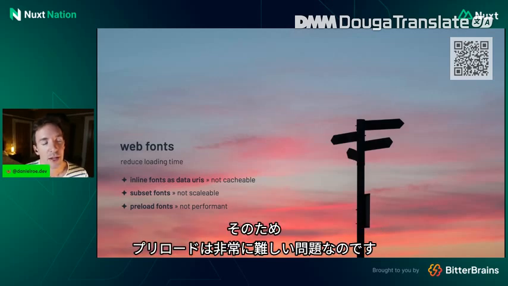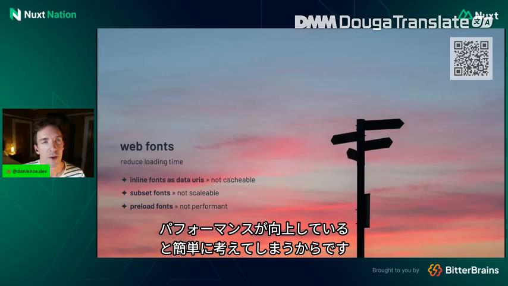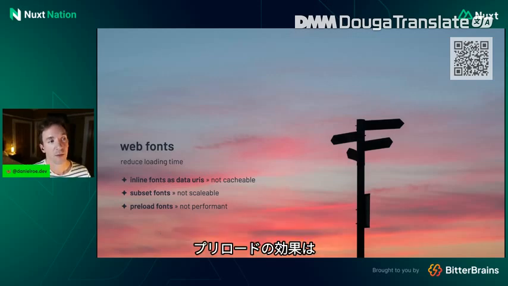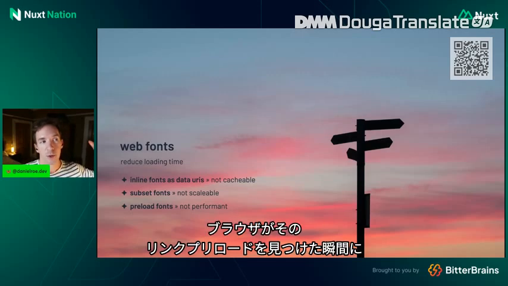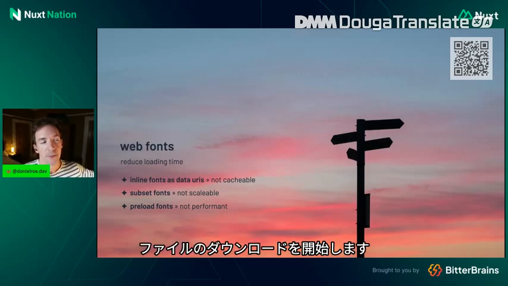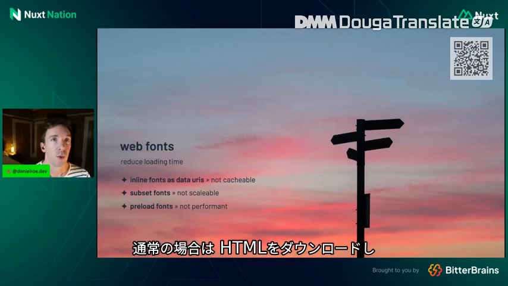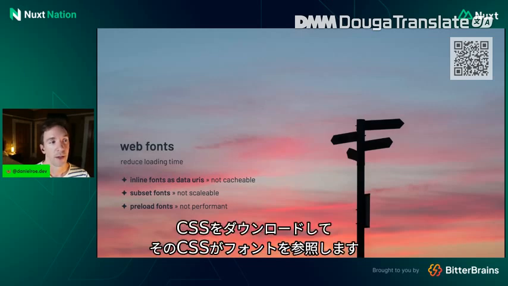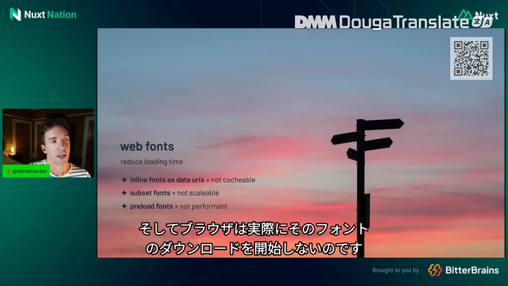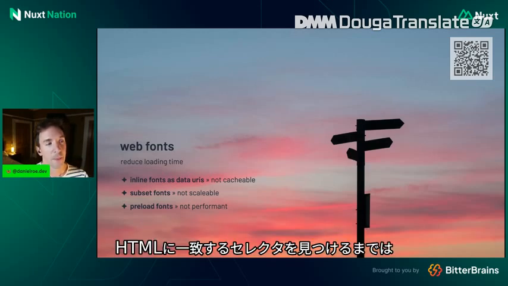So preloading is a very, very tricky thing, because you can very easily think you're improving performance. The effect of the preload is that as soon as the browser comes across that link preload, it starts downloading the file. So it means it's a lot faster. The alternative would be you download the HTML, you download the CSS, then the CSS references a font, and the browser doesn't actually start downloading that font until it finds a selector that matches something in the HTML, and then it starts.